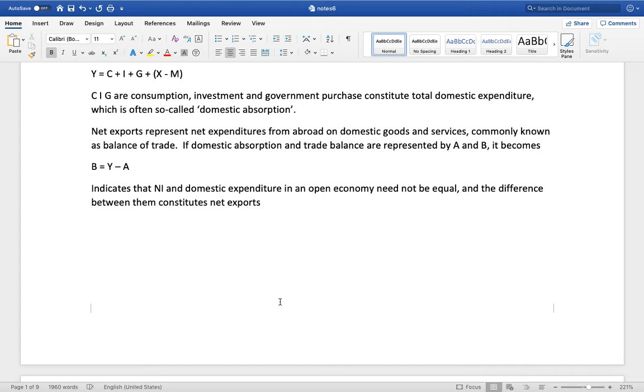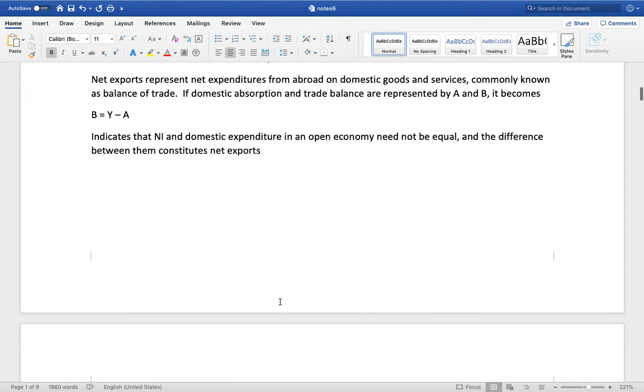So it indicates that national income and domestic expenditure in an open economy need not be equal, and the difference between them constitutes net exports.